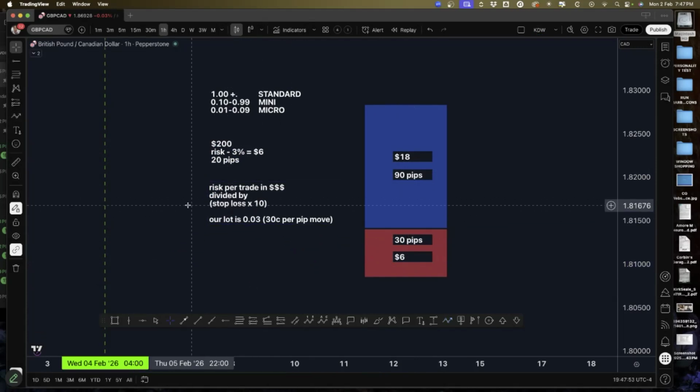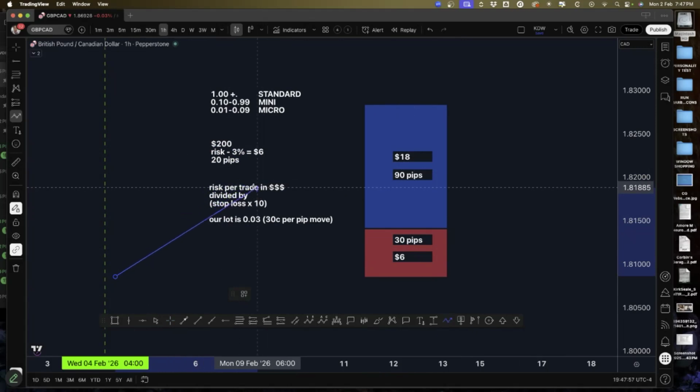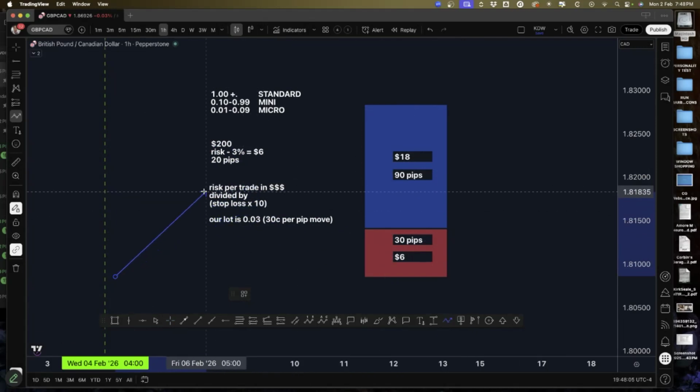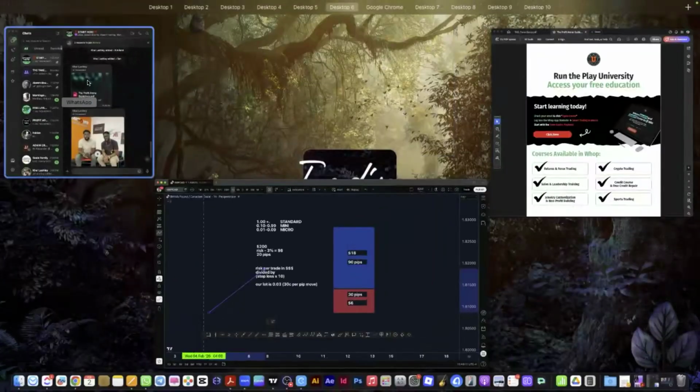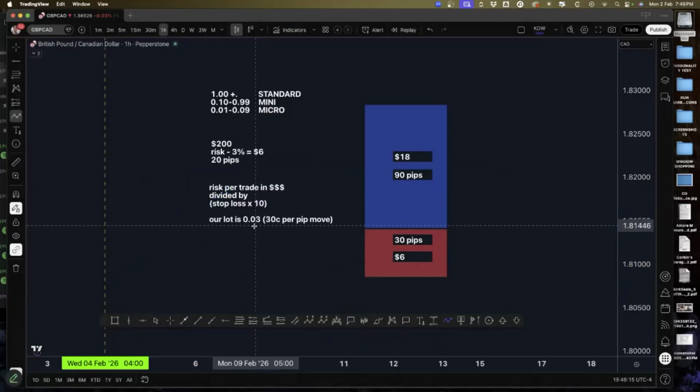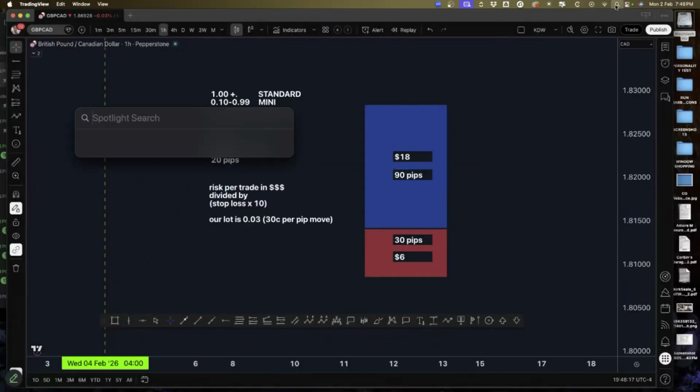So to work this out, we have this equation, which is risk per trade in dollars, so 6, divided by the stop loss, which is 30, multiplied by 10. So 6 divided by 300. What do we get?